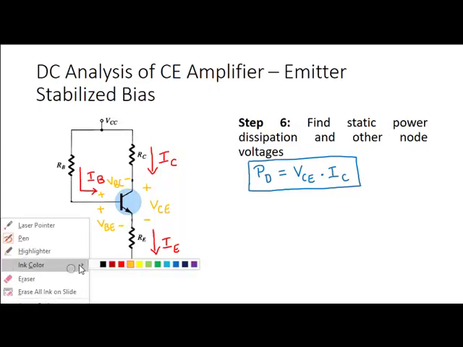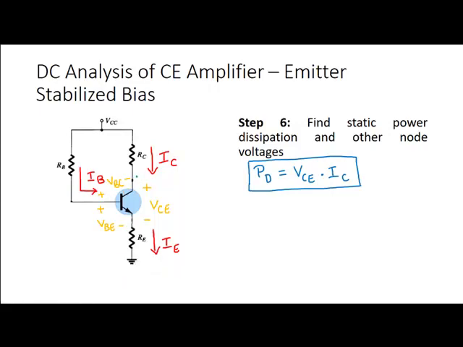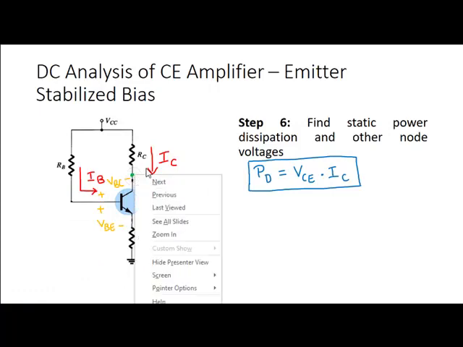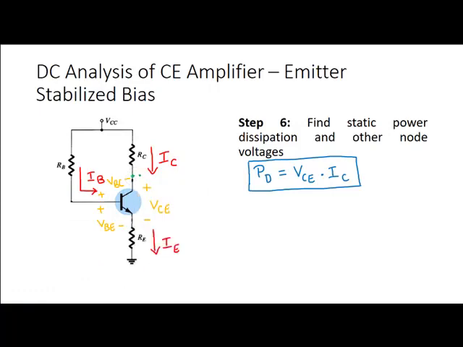Then we have absolute node voltages. So this node is the collector node, so the voltage at this node is VC. This is measured with respect to ground. Then we have the base terminal here. So the voltage at this node is VB. This is also measured with respect to the ground.